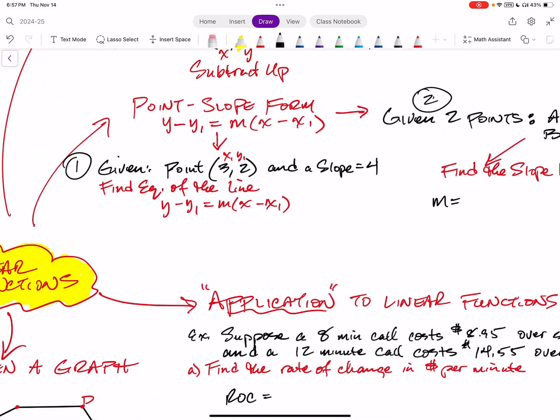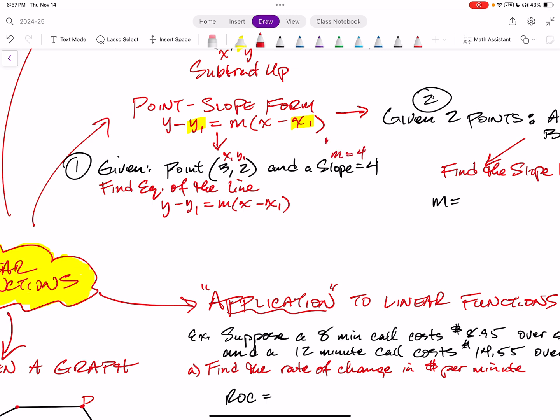Point-slope form is y minus y1 is equal to m, which is your slope, times x minus x1, where x1 and y1 represent the point that you're working with. Given a point, 3, 2, where x1 is 3 and y1 is 2, and a slope of 4, which means m equals 4.